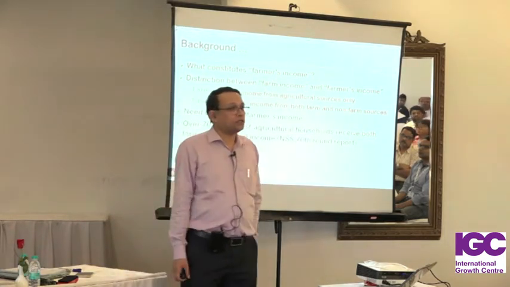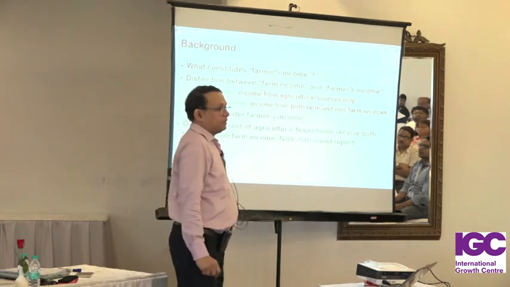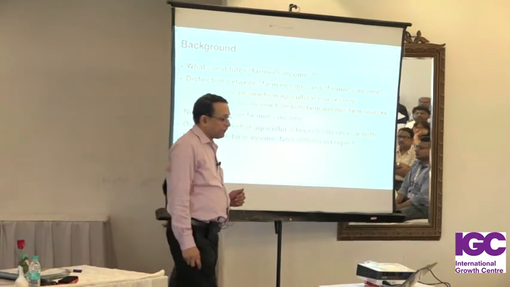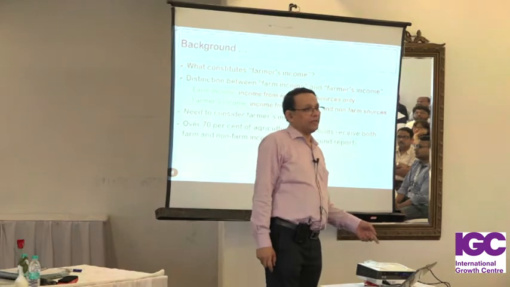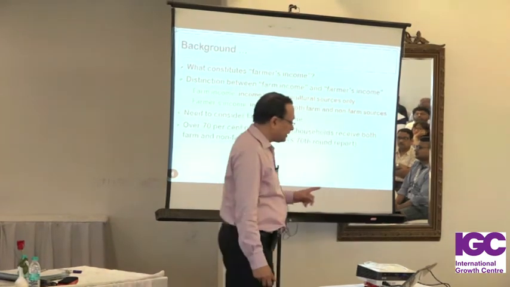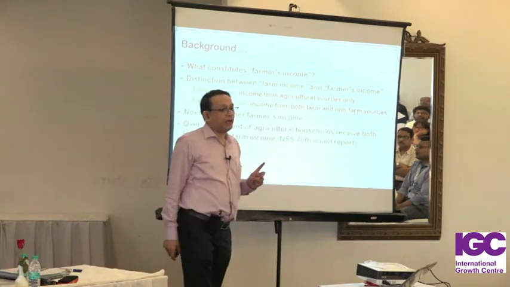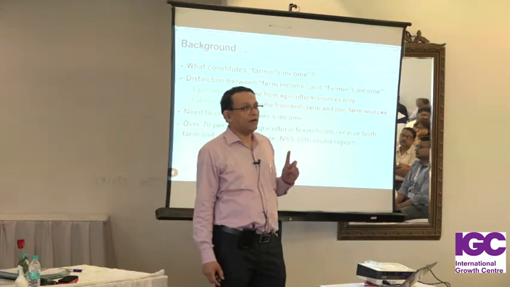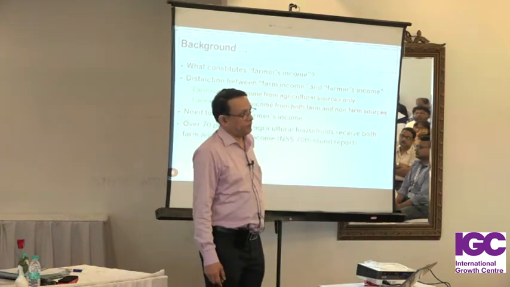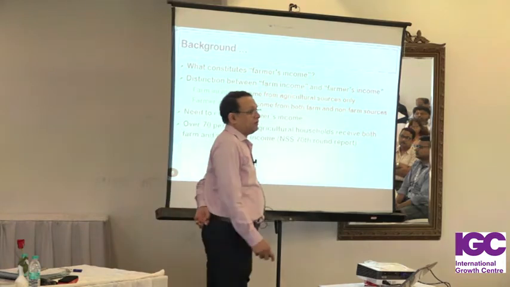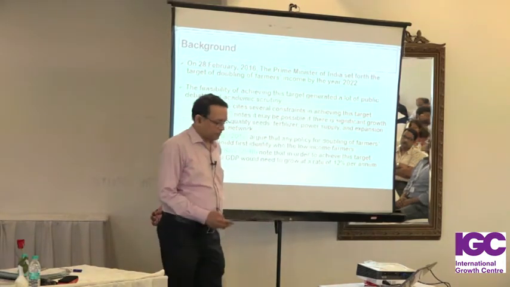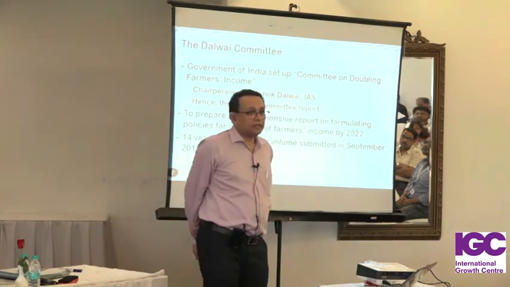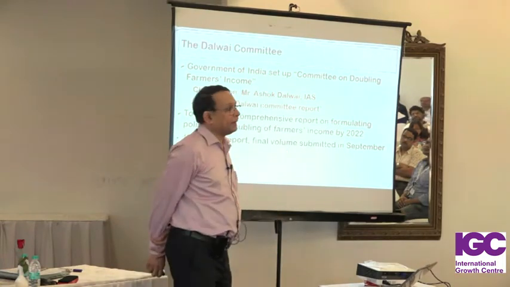Over 70% of agricultural households, to note, this is the 70th round, which is 2012-13. In 2012-13, 70% of agricultural households reported receiving both farm and non-farm income. Okay, so there is a need to keep that distinction in mind.